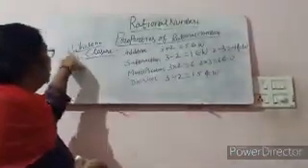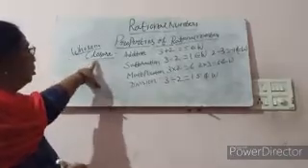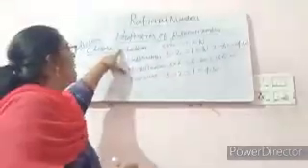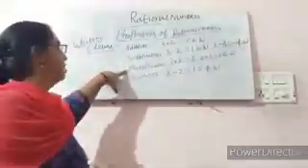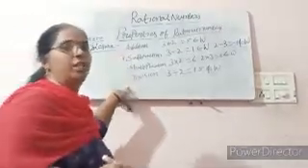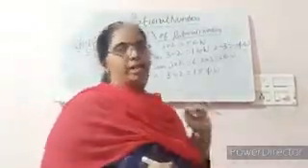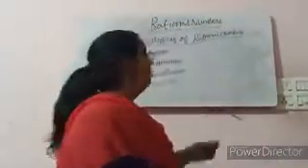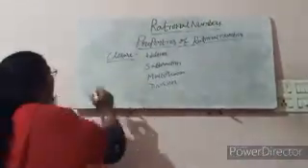In whole numbers, for closure property, addition and multiplication are satisfied, whereas subtraction and division are not. Now we will see closure property in integers.